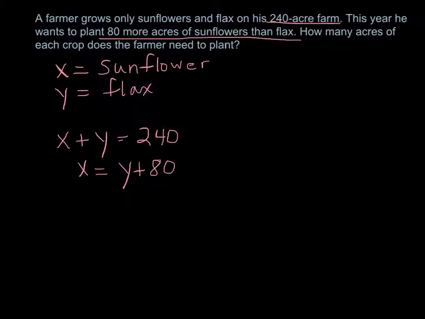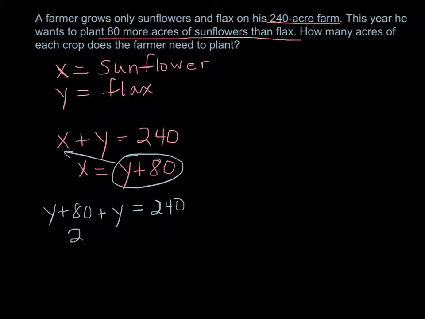Here I'm going to use substitution. So I'm going to take y plus 80 and plug it in for x in my top equation. So I'm going to have y plus 80 plus y equals 240. So 2y plus 80 equals 240. And then subtract 80. Subtract 80.